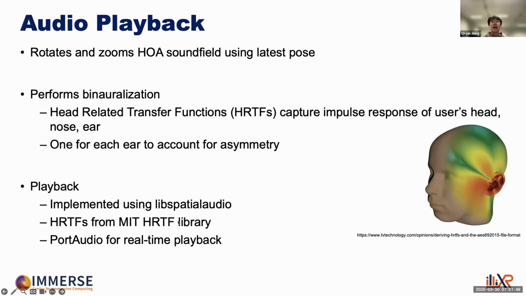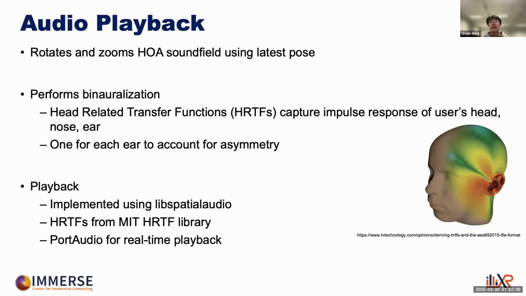Putting everything together, we have an audio playback pipeline inside Illixr, which is also implemented using the libspatialaudio library. It's not realistic to have an HRTF for every person because we all have different head sizes, nose sizes, and ear sizes.